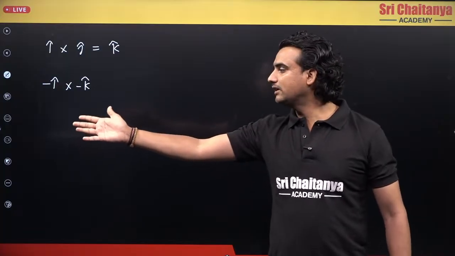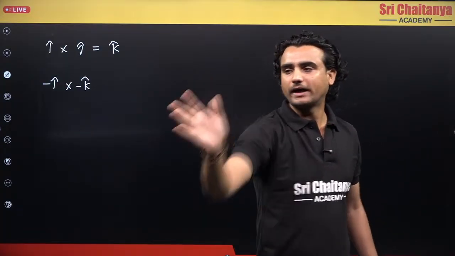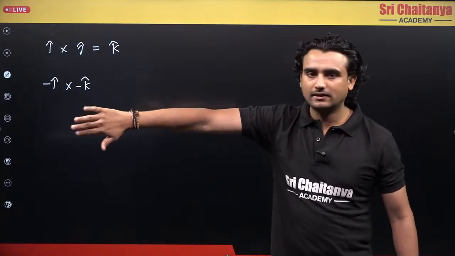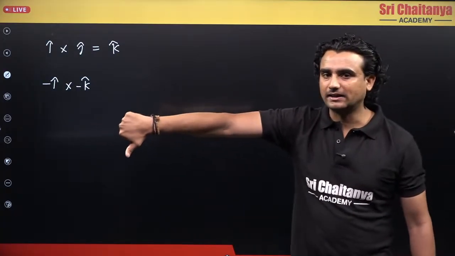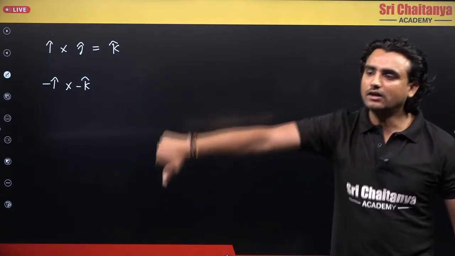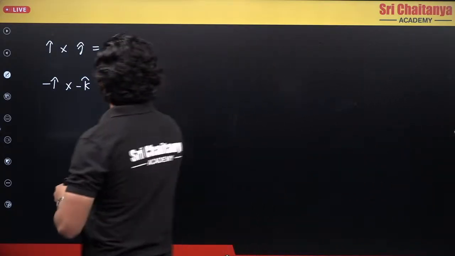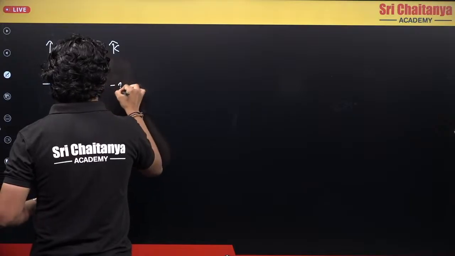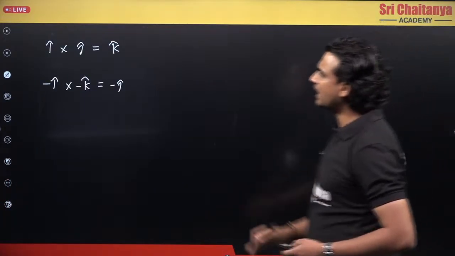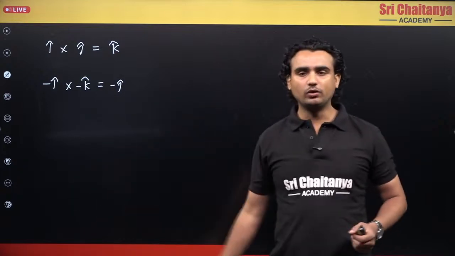What is k? If k is towards you, minus k will be inside, right? So I cross minus k, and this will be acting in the downward direction. And what is this? This is equal to minus j, okay. So this is how you basically try to find it, okay.